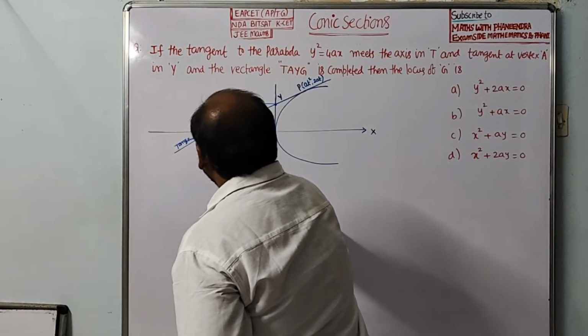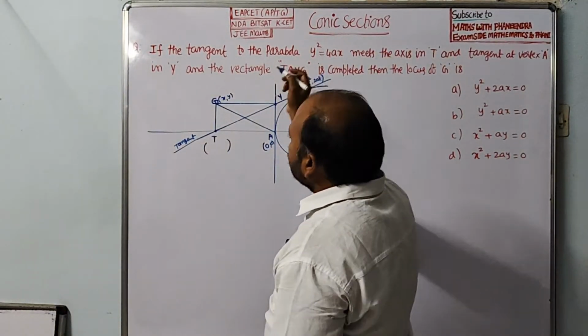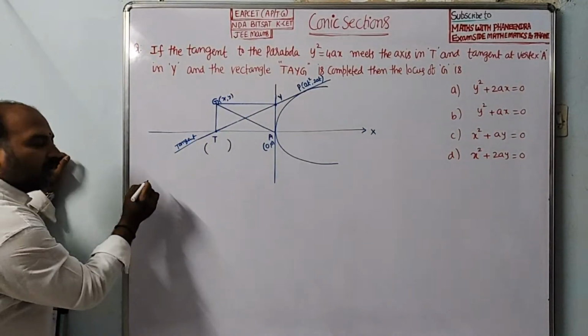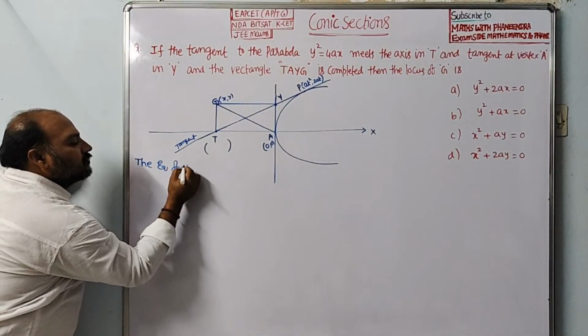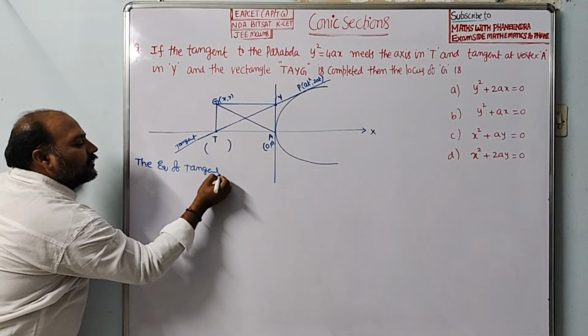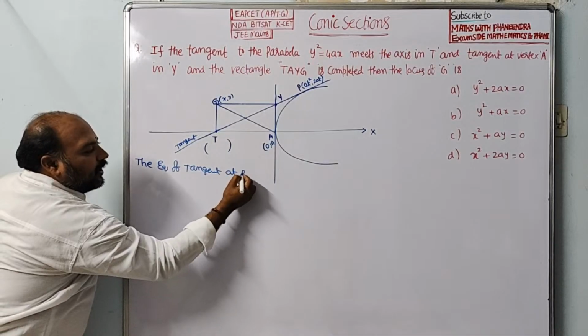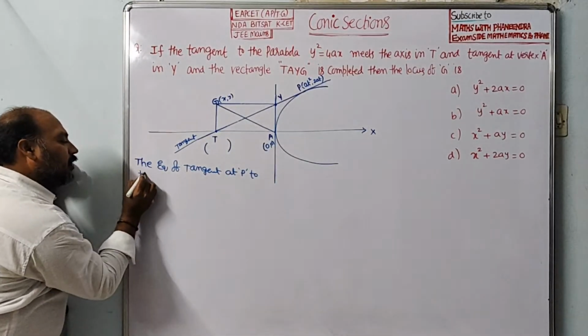The tangent equation cuts the x-axis, means y is equal to 0. So what is the tangent equation? The equation of tangent at P to the parabola.